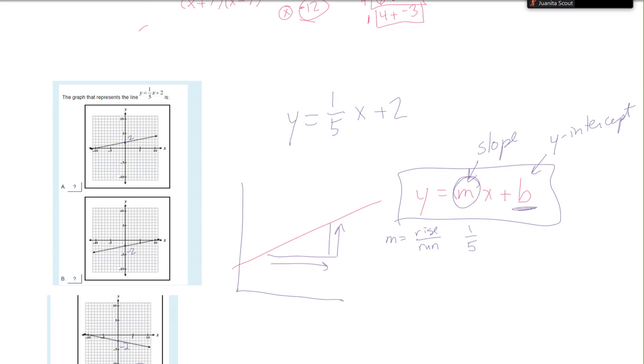So this one says 1/5. That's a very shallow slope. It's not very steep at all. A number like 5 is going to make it tilted up and be steeper, until eventually a vertical line is basically infinity for the slope.